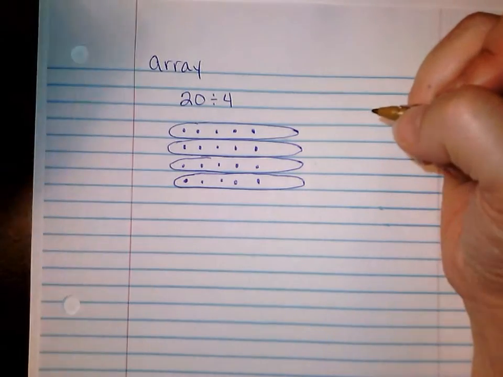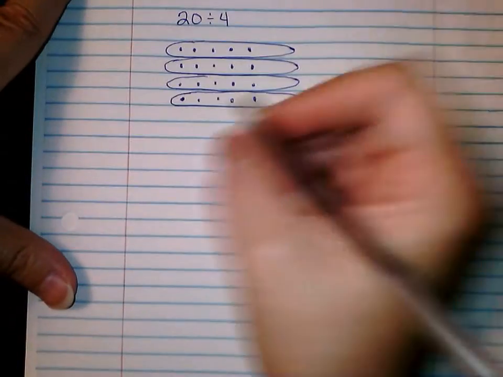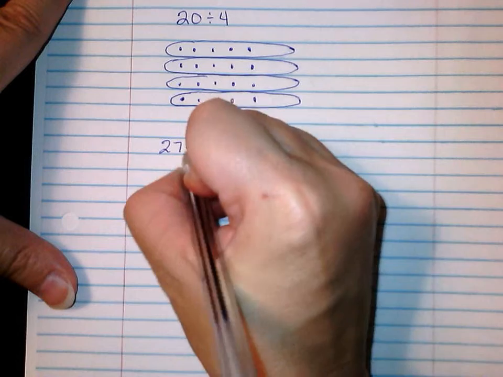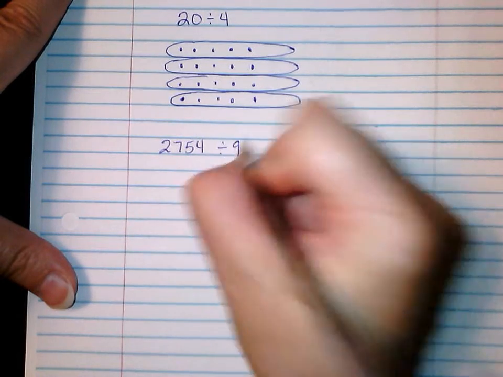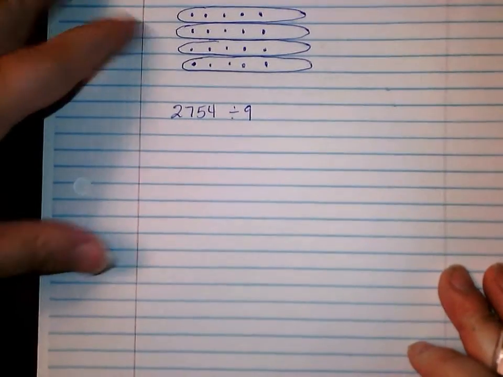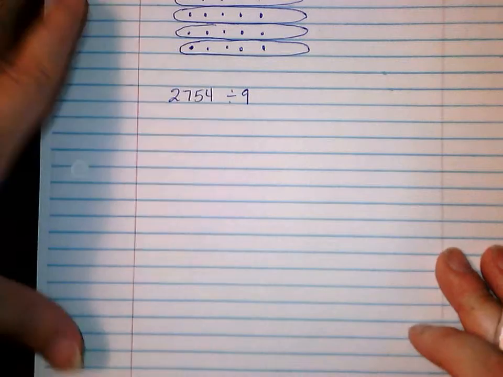And I can even use an array for bigger numbers. So if I had 2,754 and I'm dividing it by 9, I'm going to use 9 groups.